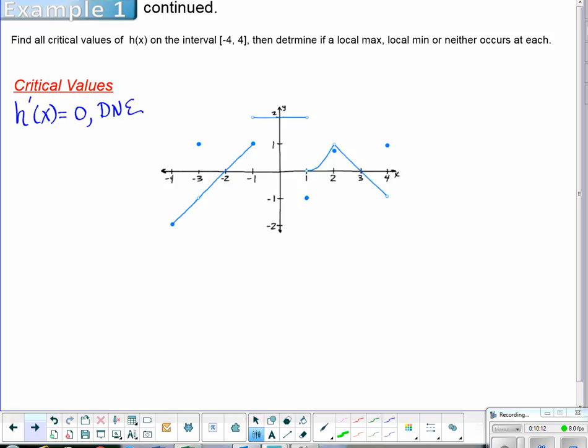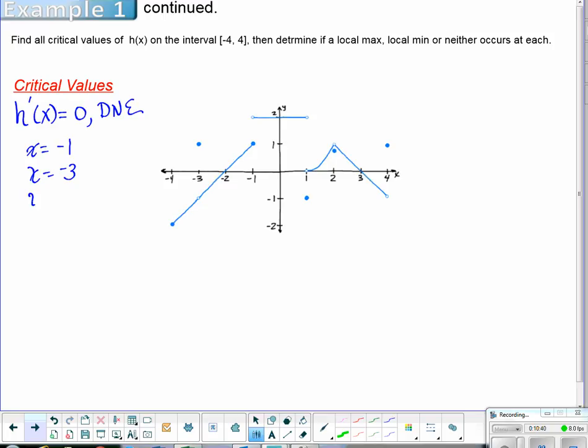I would have problems at x equals -1. Ooh, I missed one. At x equals -3, I would have issues because the derivative wouldn't exist. We have a discontinuity, right? And if it's not continuous, it's not differentiable. At x equals -1, once again, we have a jump discontinuity. If it's not continuous, then it's not differentiable.